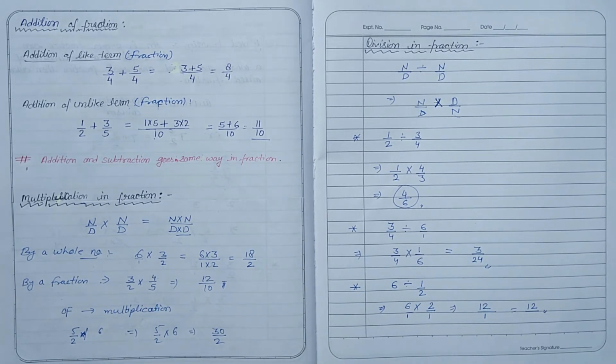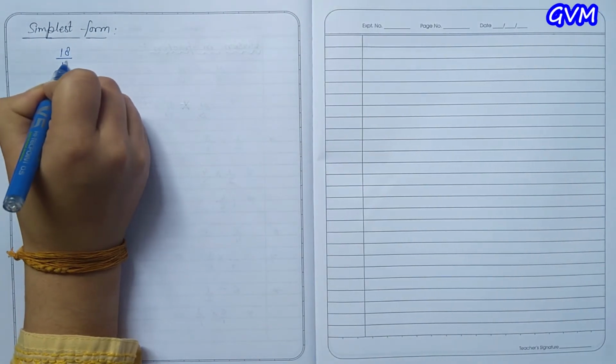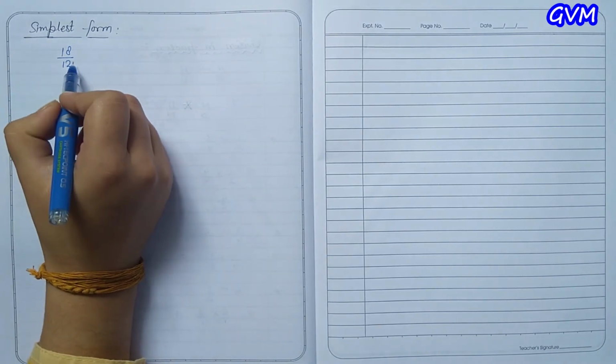So you have learned how division works in fractions. Next point is simplest form. What is simplest form? The simplest form of a fraction is the number in which the numerator and denominator cannot be divided by a common factor. Like here, if we have 18 upon 12, for example, we can cancel it out by 6.